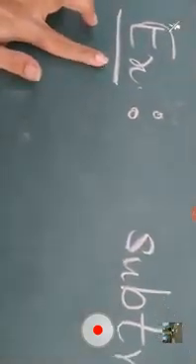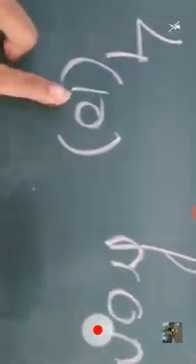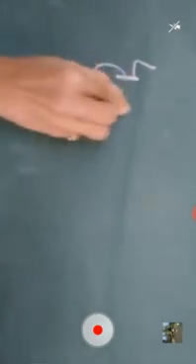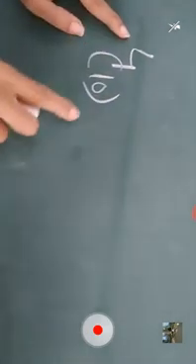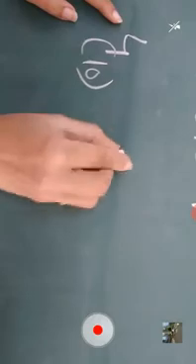Let me consider one example. Subtract 4 to the base 10 from 9 to the base 10 by ones complement method. So 4 to the base 10. If I want to subtract by using ones complement method, first I have to convert it into the binary number system.